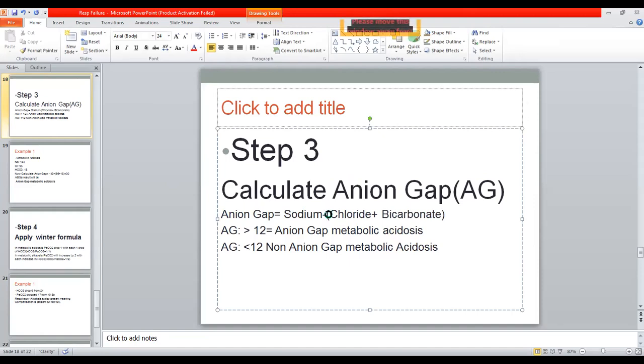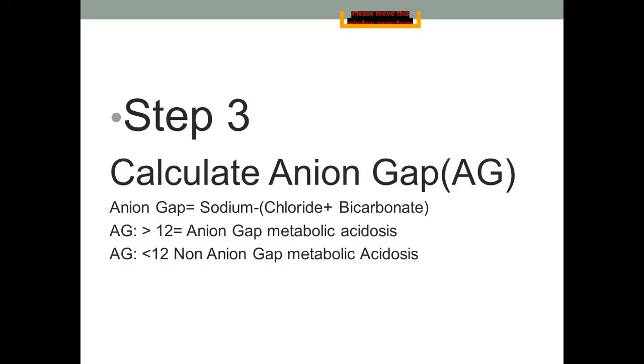This is the anion gap. If the anion gap is more than 12, there will be anion gap metabolic acidosis. And when the anion gap is less than 12, there will not be any anion gap. So this is non-anion gap metabolic acidosis.